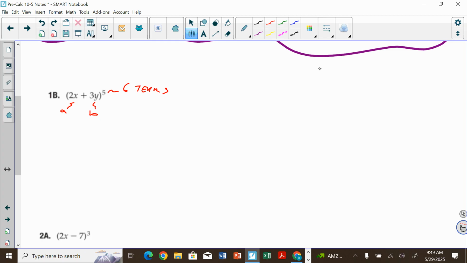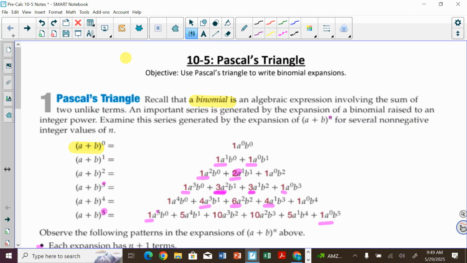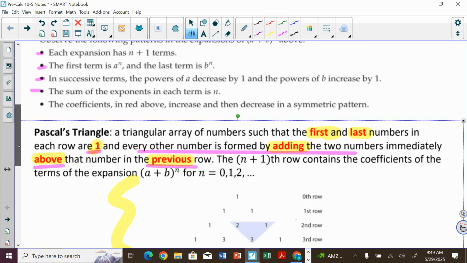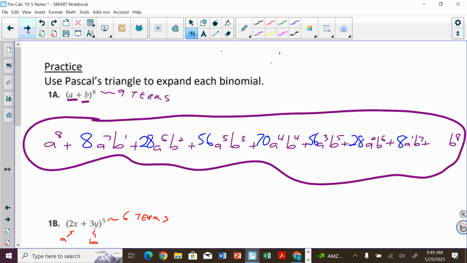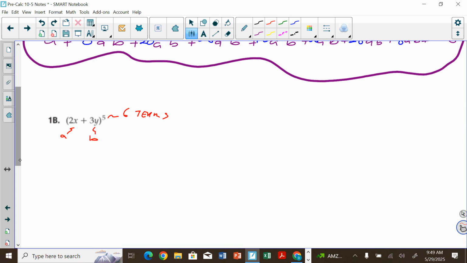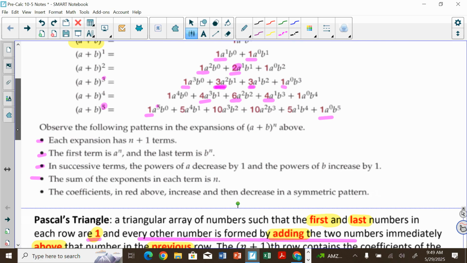So I can use Pascal's triangle over here, since it's basically a plus b to the 5th power, but 2x is my a and 3y is my b. So I'm going to use a plus b to the 5th power here.